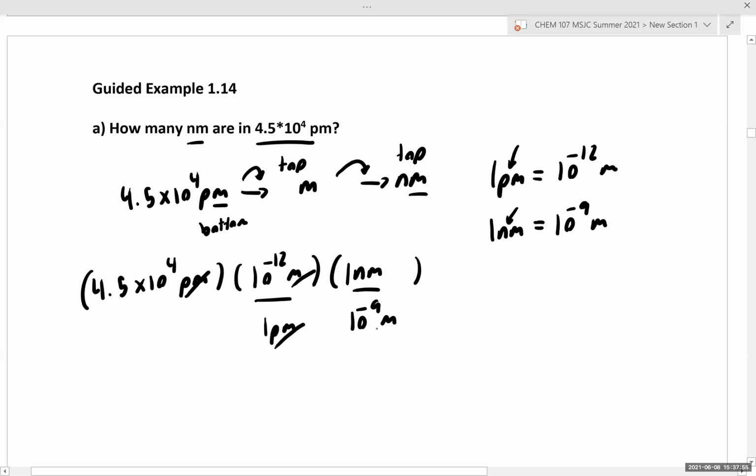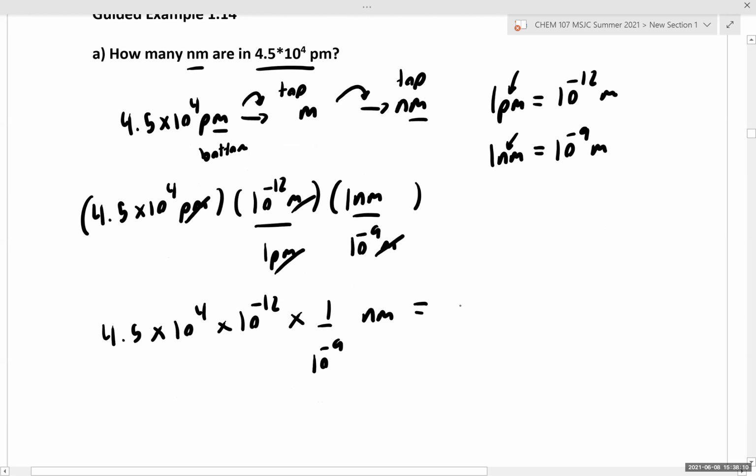Picometers cancel, meters cancel, and we're left with 4.5 times 10 to the 4th times 10 to the negative 12th times 1 over 10 to the negative 9th nanometer, which we can write as 10 to the 4 minus 12 minus negative 9, which gives us plus 9, which gives us 10 to the 1st.